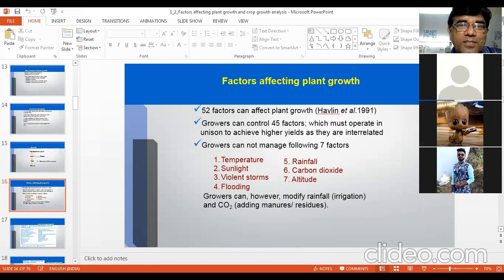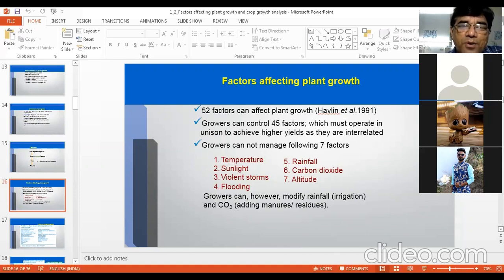So all factors operate in unison, and an optimum level of all factors should be there. Suppose all nutrients are there, everything is there, but there is no water, no moisture. Just one factor will govern the output of the other factors.